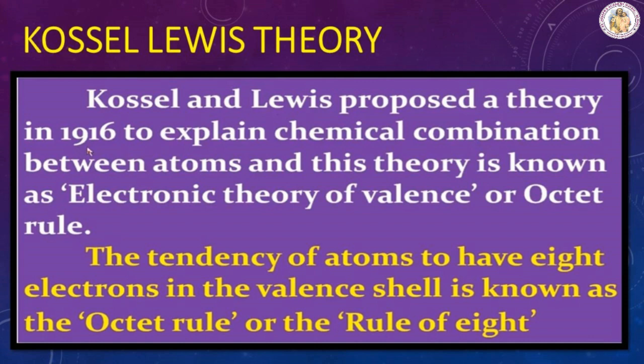Why it is called octet rule: in sharing or transferring electrons, the outermost shell must contain 8 electrons. So, the tendency of atoms to have 8 electrons in the valence shell is known as the octet rule or the rule of 8.